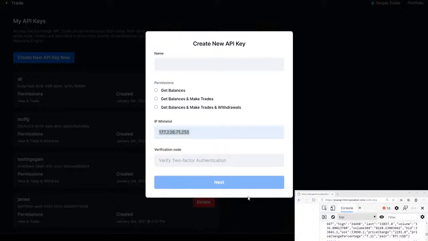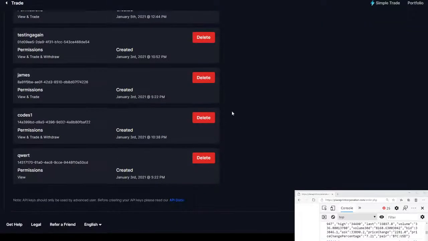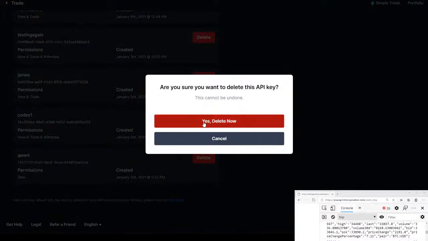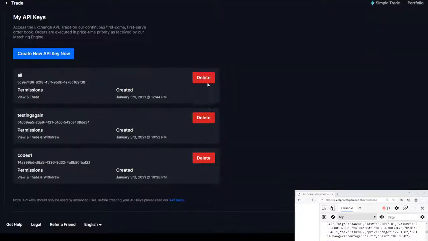So we just need to save that in Notepad so we don't lose it. Okay, that's that. So that one is saved, so we don't have to delete that, right? Others, we'll delete.